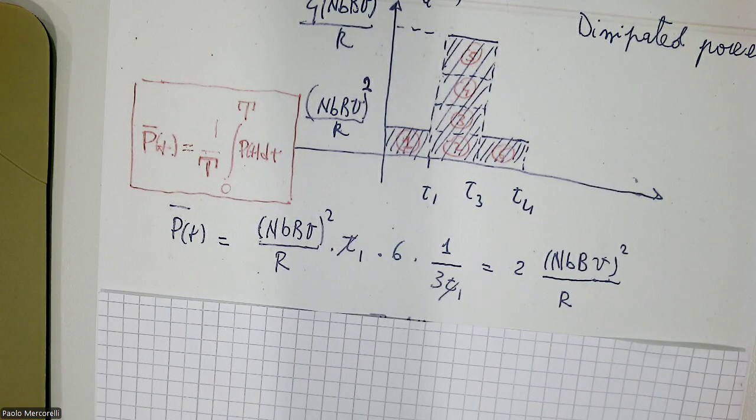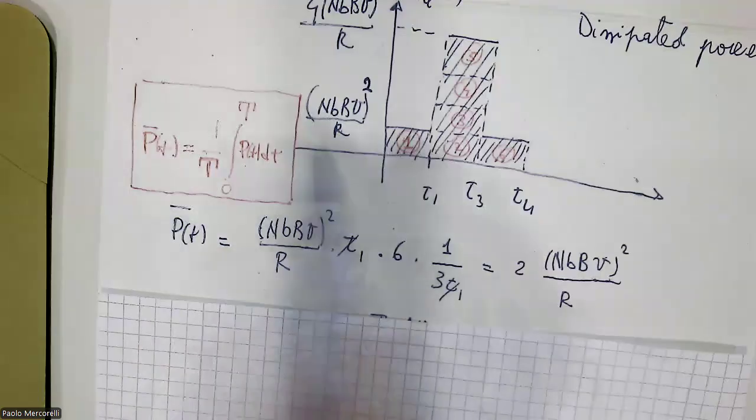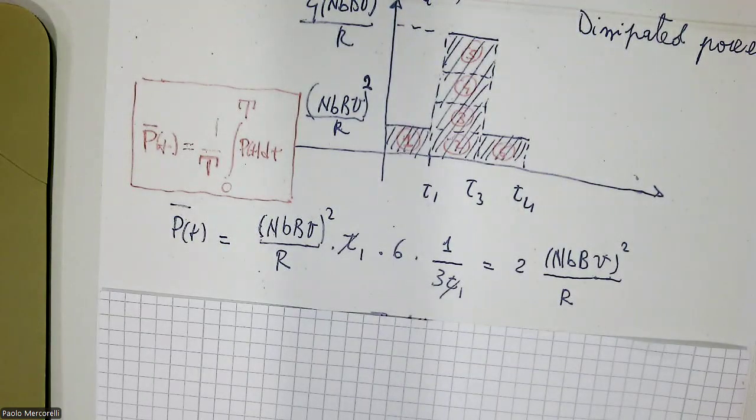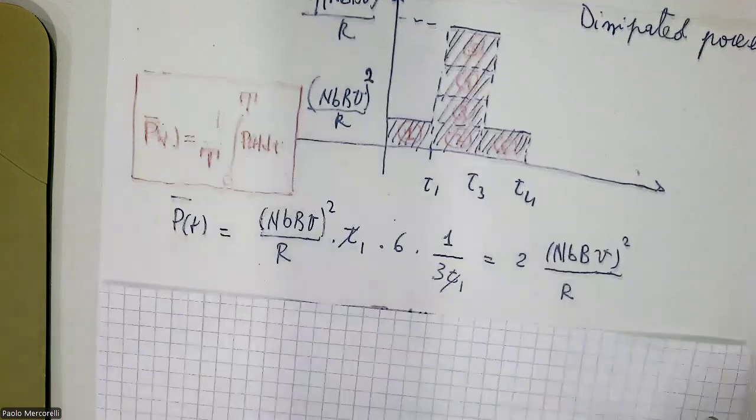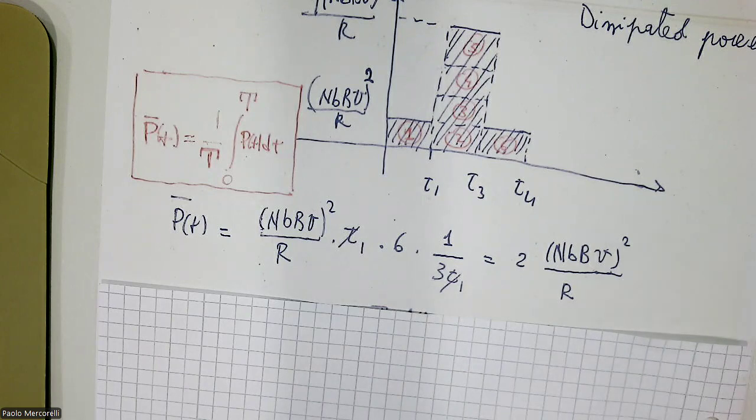Why surfaces? Because if you remember from gymnasium, the mean value, if you consider this expression here, which reflects the mean value, this means, remember first of all the meaning of the integral. One of the meanings of the integral is the surface.